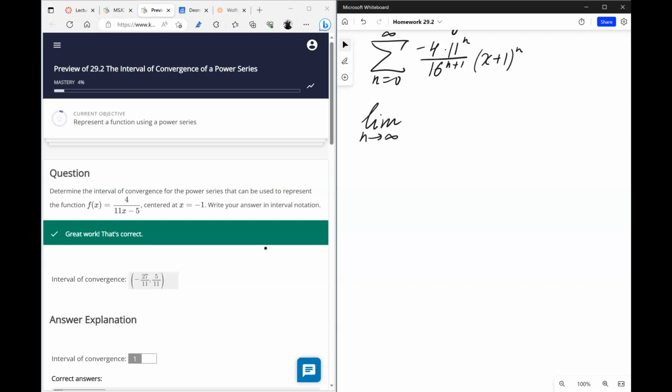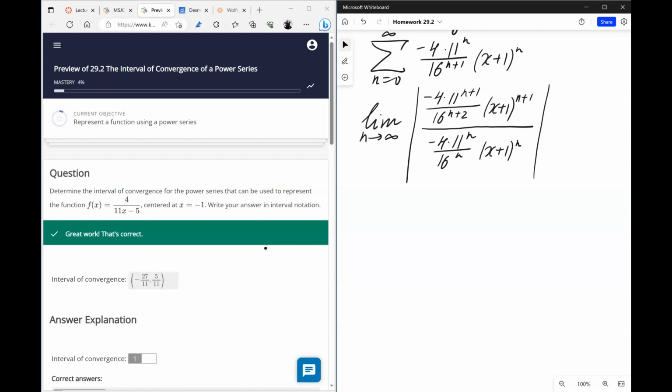So we assume that this power series converges for some values of x, and for those values of x, the ratio test has to produce a limit between -1 and 1. So this is a standard setup, and a lot will get simplified here.